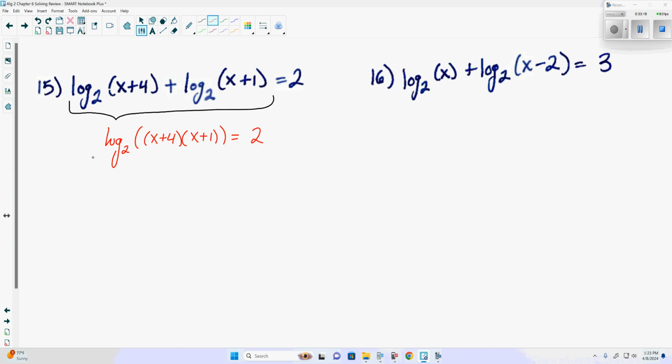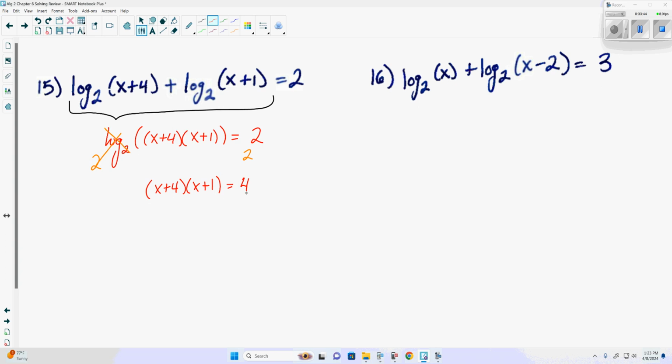But this time we're going to put both sides to the base of 2, because our 2 to the log base 2 will cancel, leaving us with x plus 4 times x plus 1 equals 2 to the second, or 4, because we could rewrite it as 2 to the second. You could rewrite it as 4 now. We will switch it over to 4 at some point.